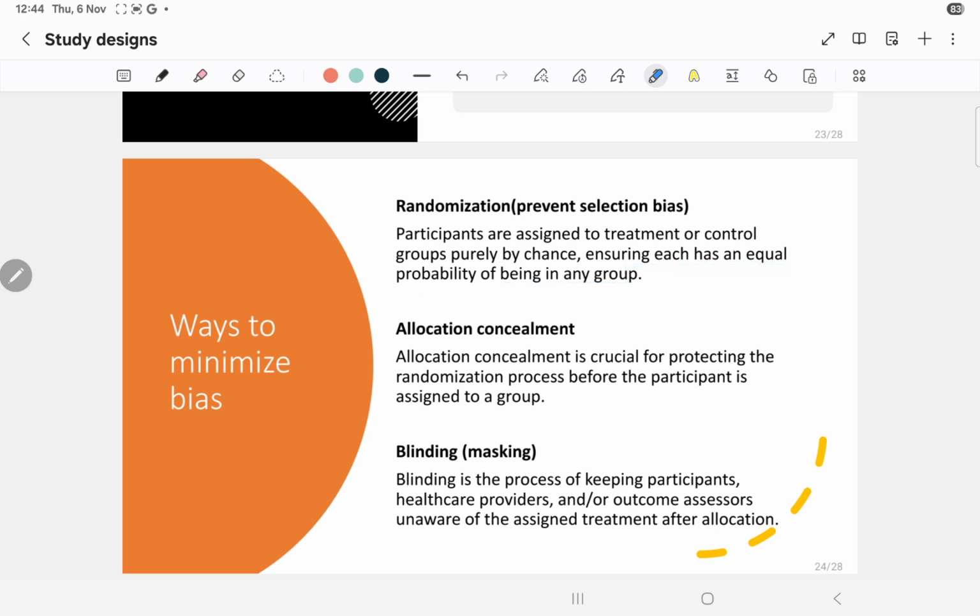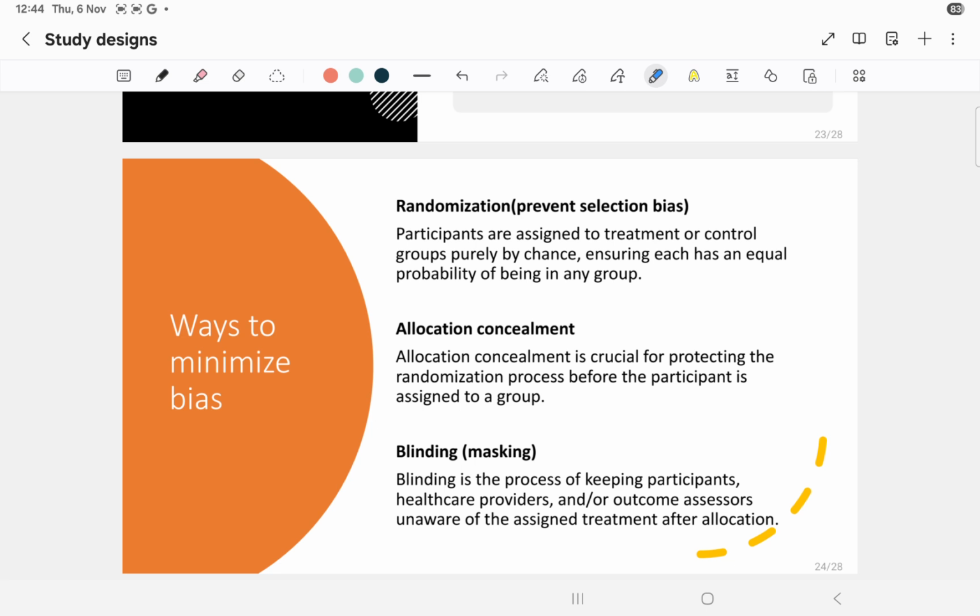If we are not assigning the patients in a particular pattern, then researchers will not know which patient is getting the new drug and which is not. So it prevents selection bias. How? If I am a researcher and I know that every second patient will get my new drug, will I not choose healthy patients for that particular arm?